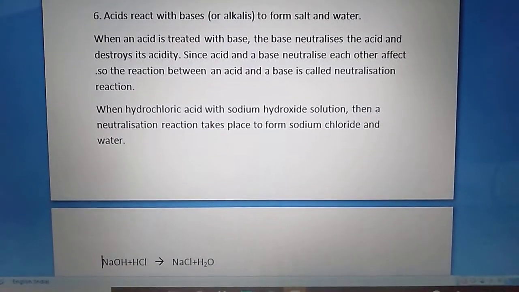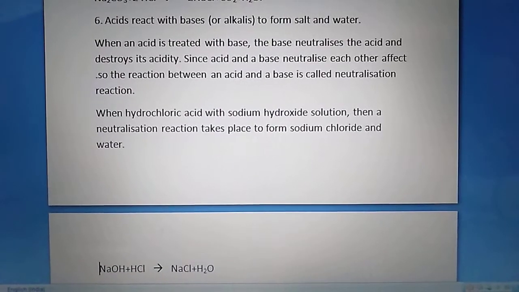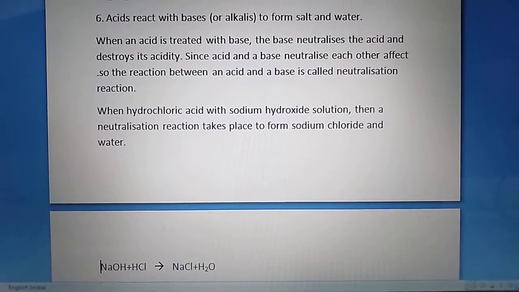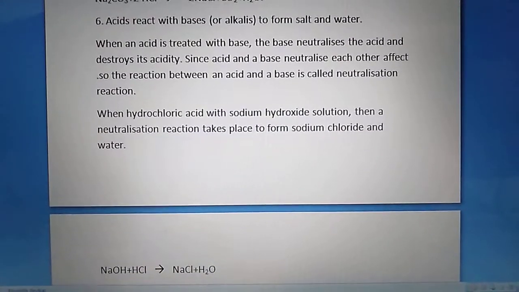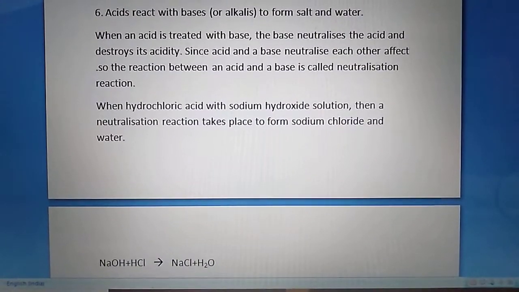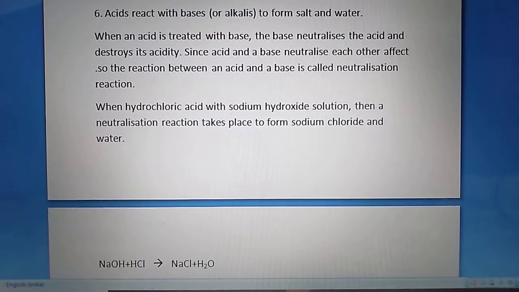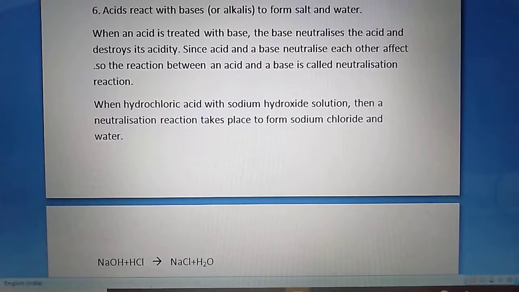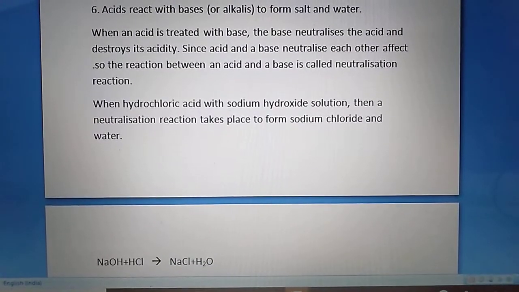So a reaction between acid and a base is known as a neutralization reaction. So NaOH, that is sodium hydroxide, reacts with hydrochloric acid to form salt. What is the name of the salt? Sodium chloride and water.